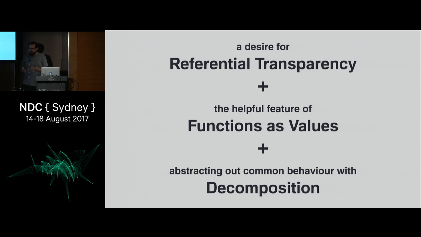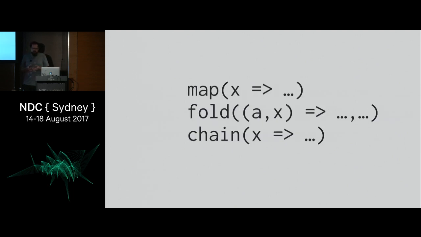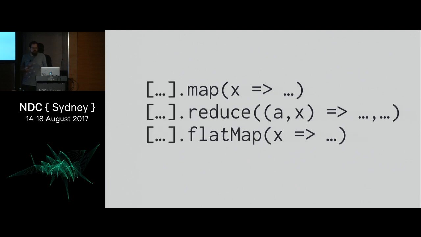So when we've got all these pieces, let's put some pieces together. A desire for referential transparency, as well as the helpful feature that is functions as values, and abstracting common behavior with function composition and decomposition gives us these things, which might look familiar if I phrase them like this. They're just building block combinators, because these aren't necessarily inherently functional.